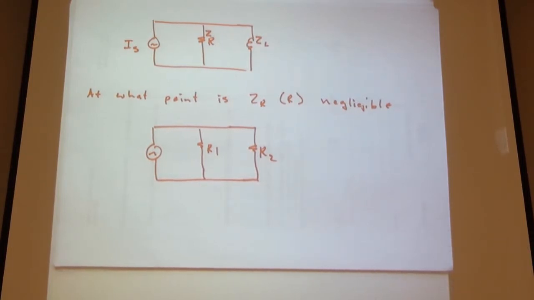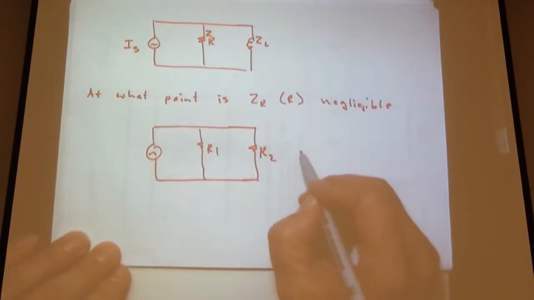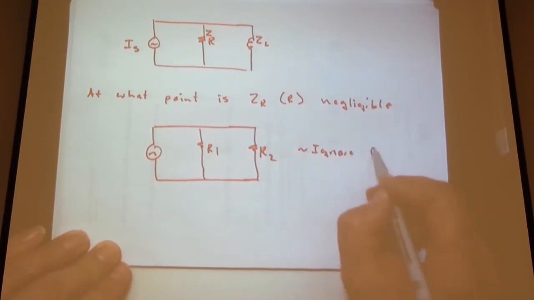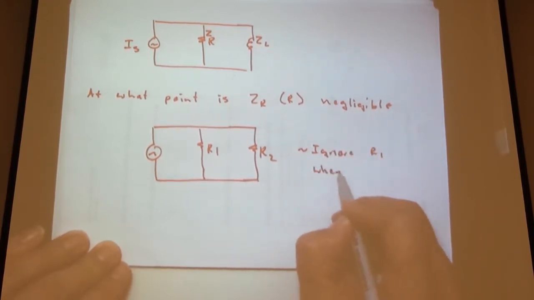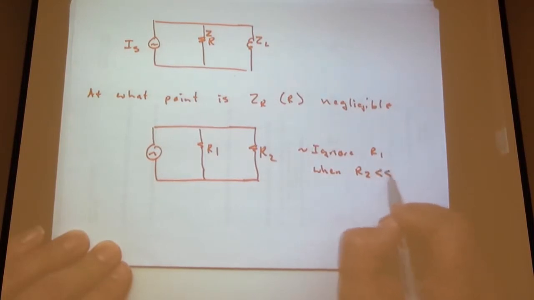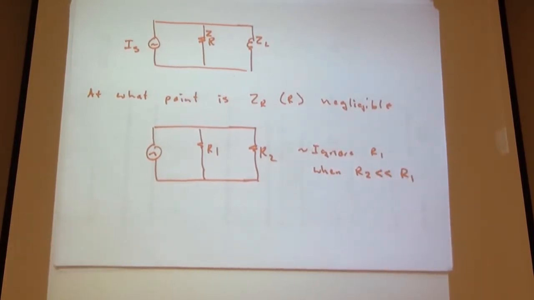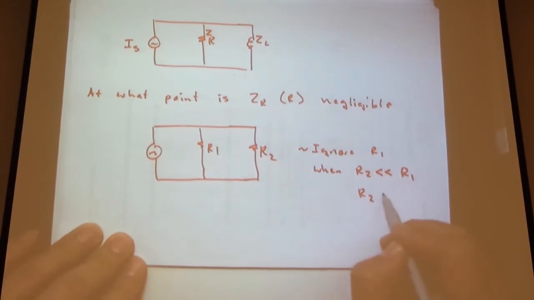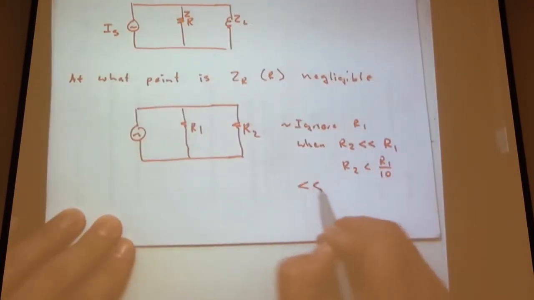Right. So here, we kind of ignore R1 when R2 is much, much less than R1, right? And we roughly defined what much, much less than was. In this case, I tend to say R2 less than R1 over 10. Why much, much less than?